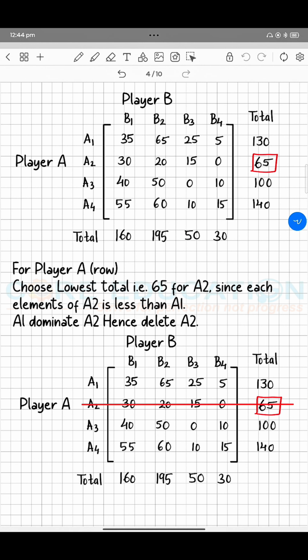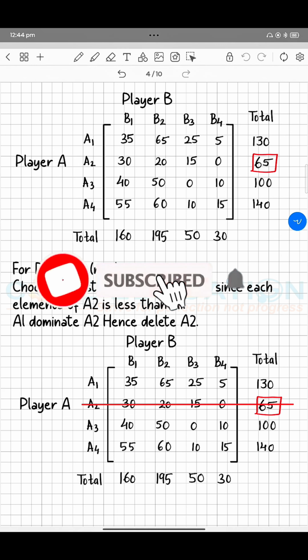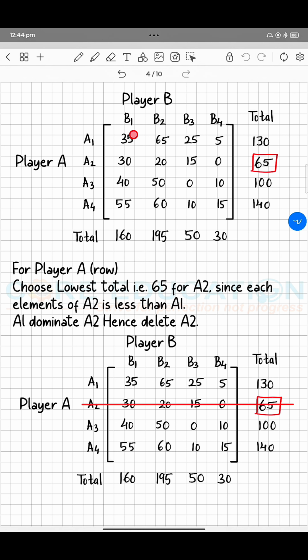Then for player A, choose the lowest total, that is 65, and compare each payoff with the other rows, that is, compare each element of A2 with the elements of A1, A3 and A4. Each element of A2, 30, 20, 15 and 0, is less than or equal to that of A1. 30 is less than 35, 20 less than 65, 15 less than 25, 0 less than 5, which means A1 dominates A2, hence delete A2.